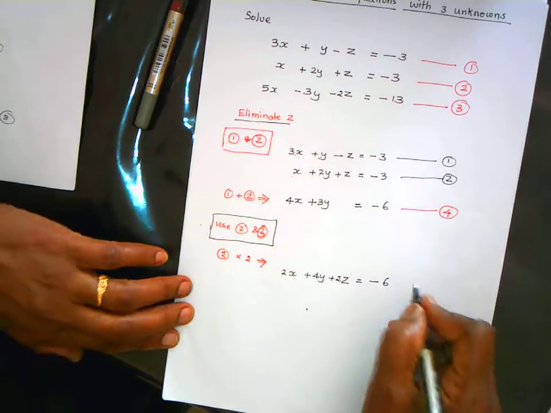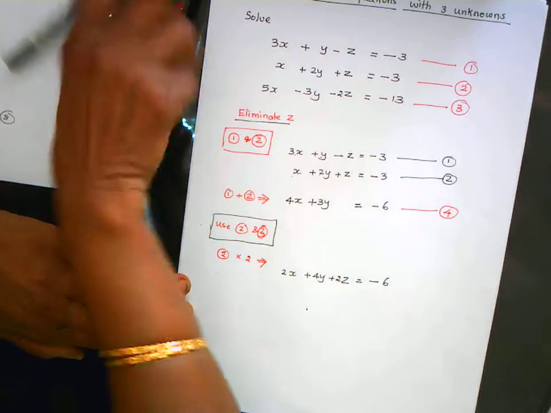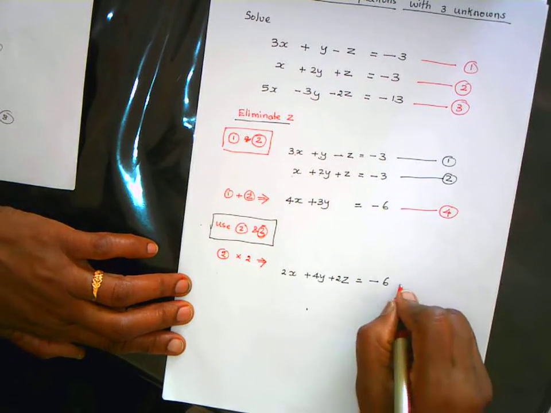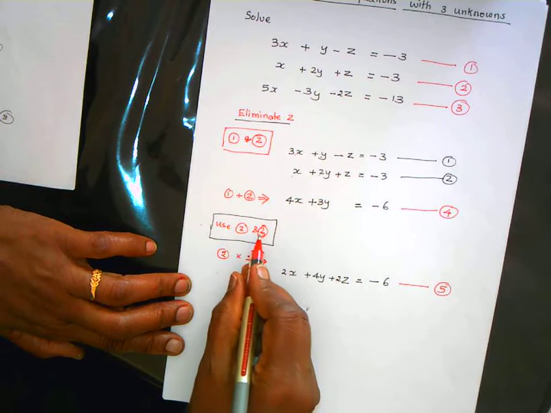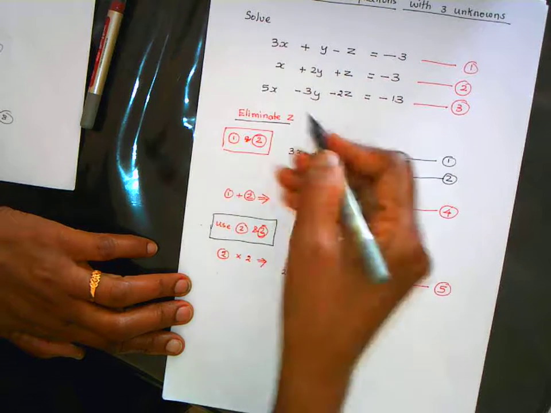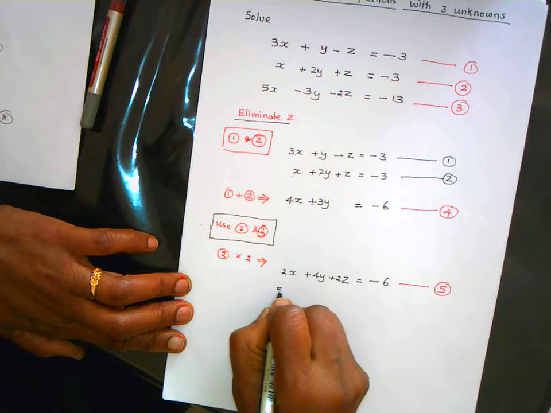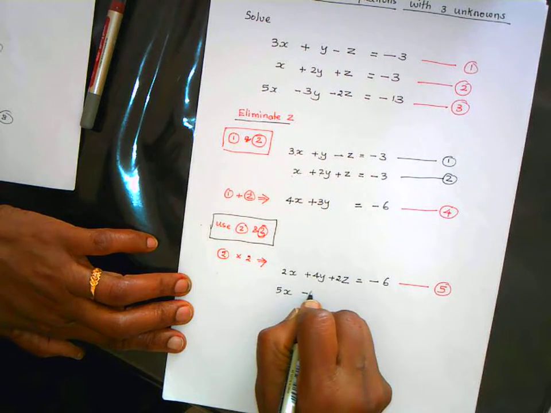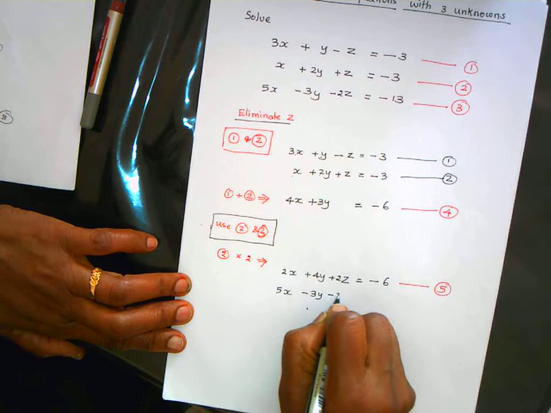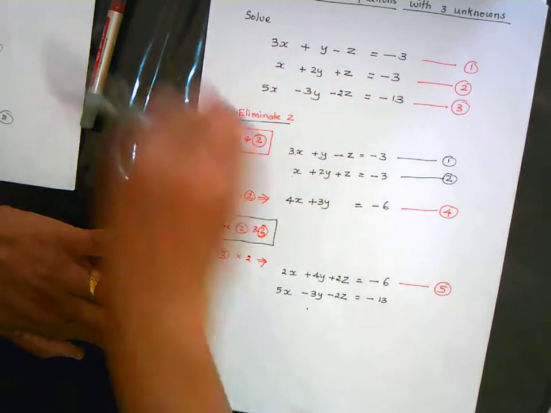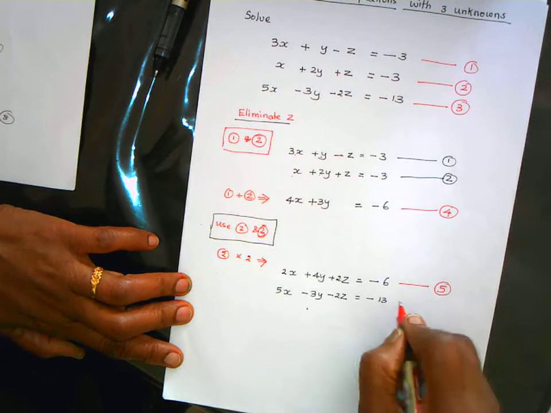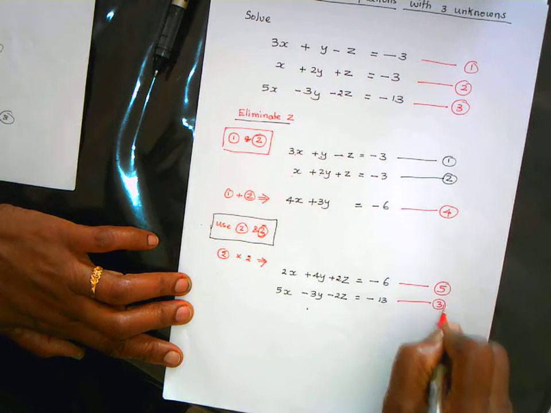This is a new equation. I have to number them. I have up to 4, so now I'm going to call this 5. But for 3, I can write it as it is because there is nothing wrong with it: 5x minus 3y minus 2z equals minus 13. This is my original equation. I'm not doing anything with 3.